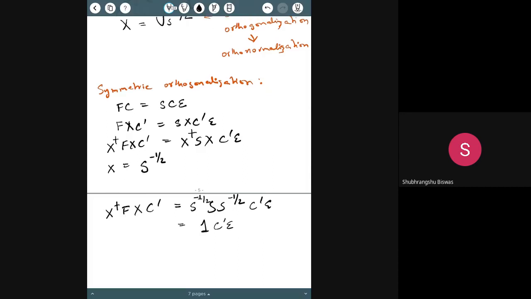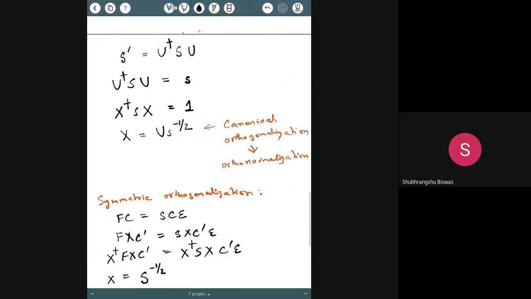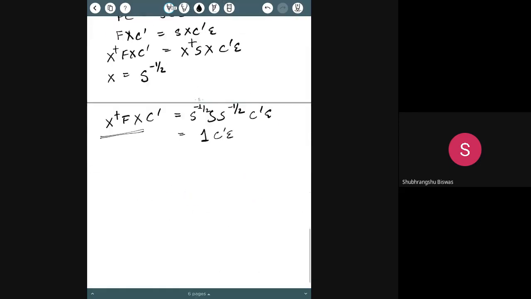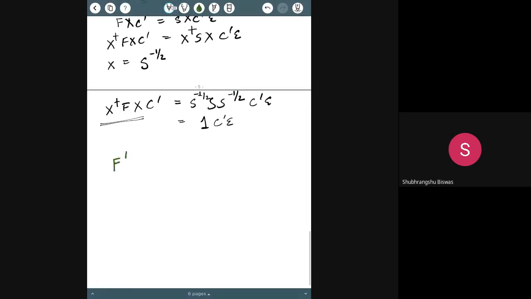But okay, so we have converted this into an eigenvalue equation, but it is no longer the eigenvalue equation of F. It is the eigenvalue equation of X dagger F X in both cases. So the final form is the same in both cases, whatever you choose for X. So now we have F prime C prime equal to C prime epsilon.